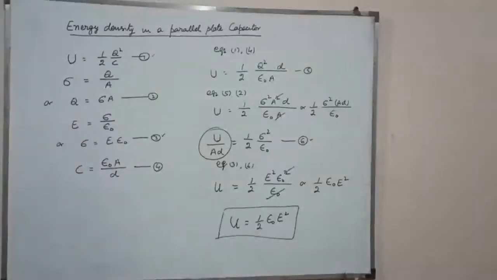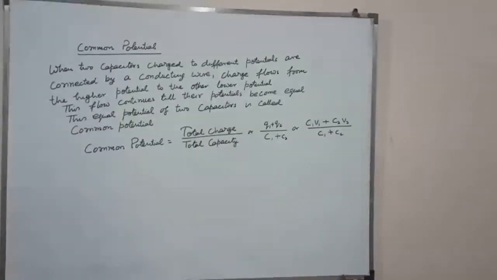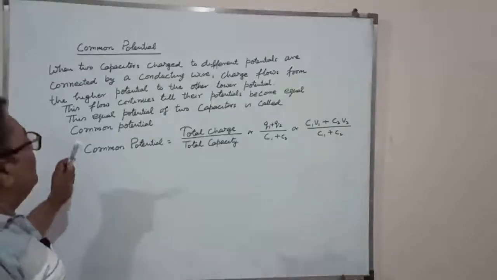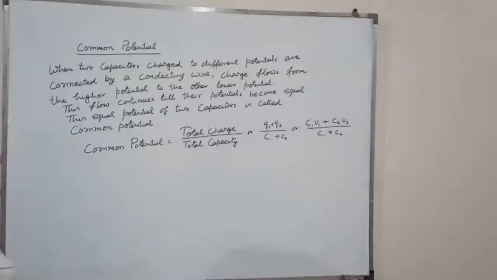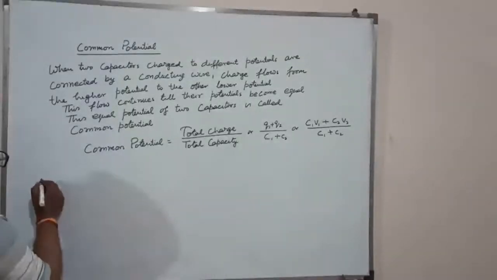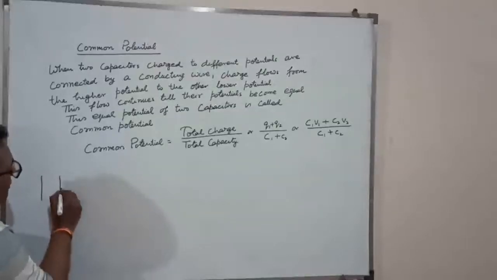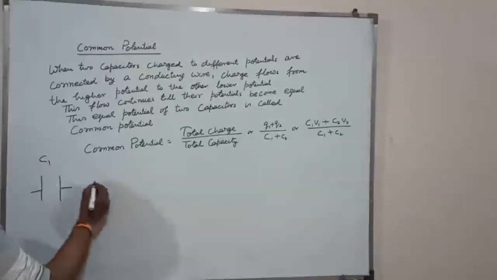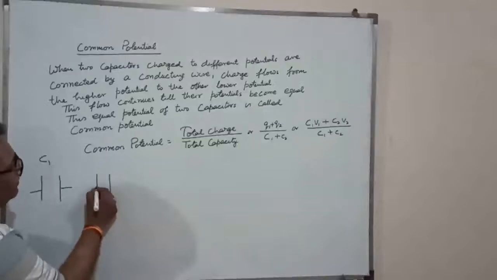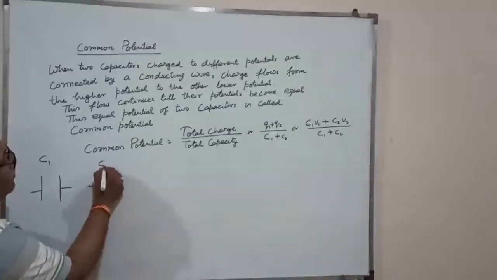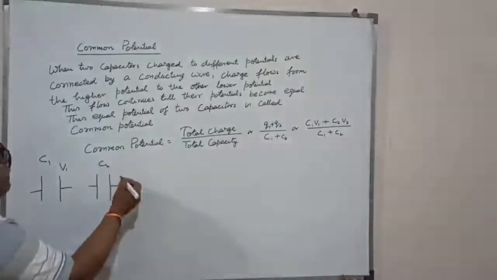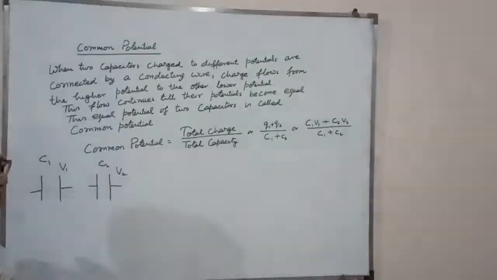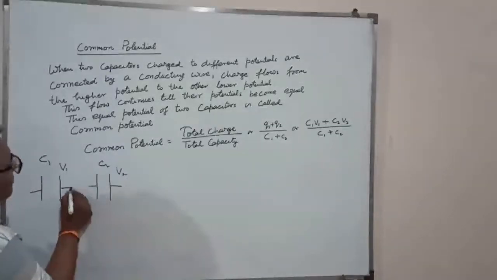Clear? Then one term we use in different numericals is common potential. Then what is common potential? We are given two capacitors, C1 and C2. C1 is charged with the potential V1, C2 is charged with the potential V2, and we connect them.